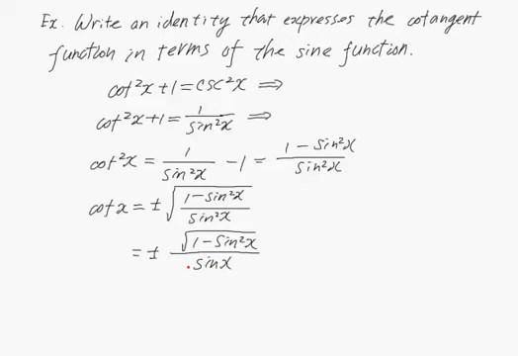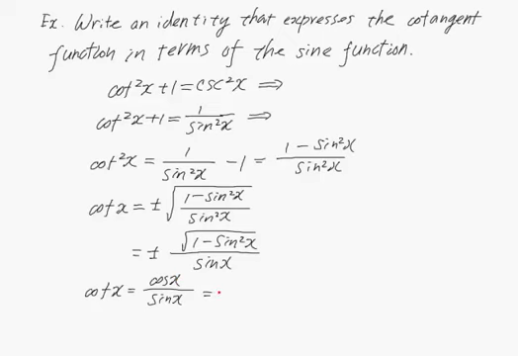Actually, you may also start with another identity from the definition and then use one of the previous results to express this cotangent x in terms of the sine. You know, cotangent x is equal to cosine x over the sine x, right? And we just got the cosine x is equal to plus minus the square root of 1 minus the sine square x.